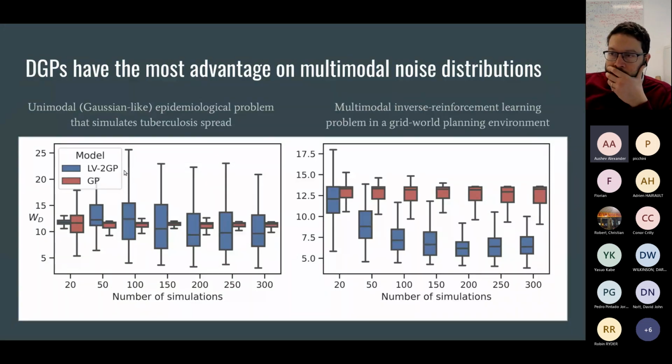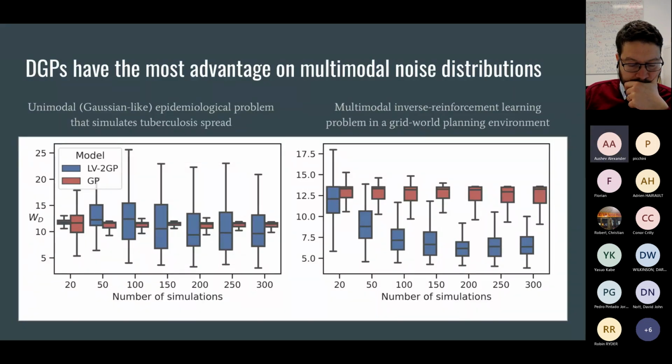So the y-axis shows the Wasserstein distance between the posteriors produced by the surrogates versus the posterior which was generated with ABC with rejection sampling, with a much higher computational budget.